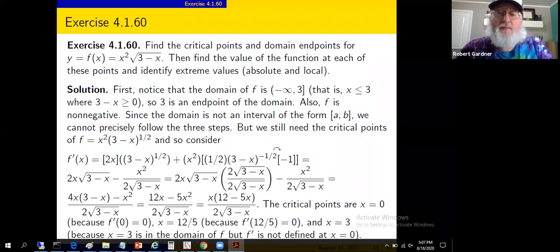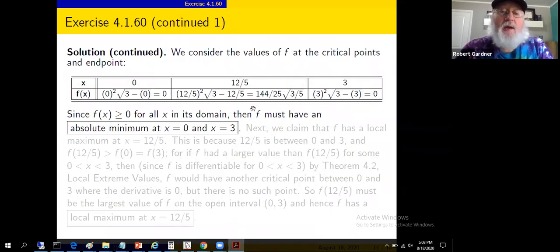that graph. All right, so let's check the critical points, 0, 12/5, and 3. We had the function x squared times the square root of 3 minus x. Plug the 0, the 12/5, and the 3 in. I had to put it in smaller fonts to get it to fit on the slide. And we get out values of 0 here, 0 there, and something that's non-zero and non-pretty.